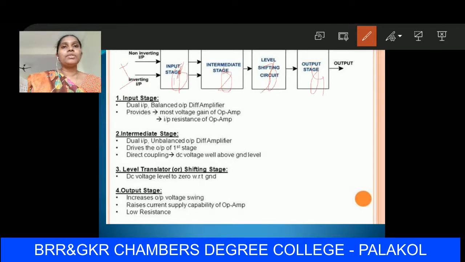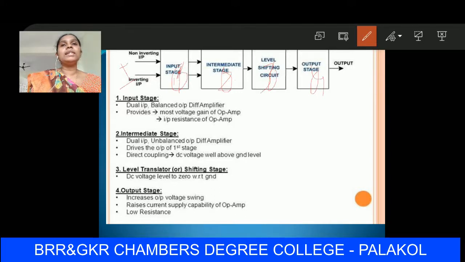Now it is driven by the output of the first stage. That means the second stage is driven by the first stage. That means the first stage will give its output as the input to the intermediate stage. Okay, so next one, it is direct coupled, with a DC voltage level well above ground level.